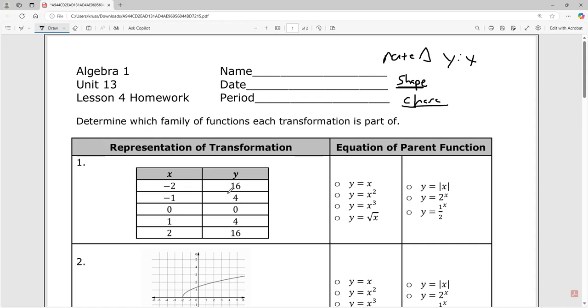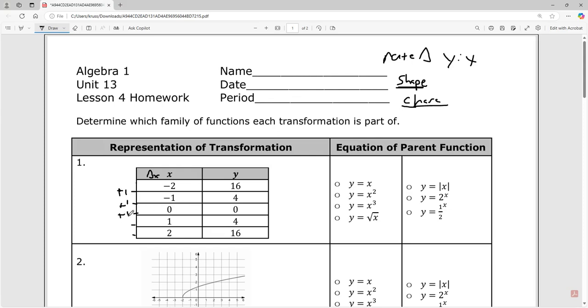All right, so here is a change in x. The change in x for each one of these data points: it goes from -2 to -1, so -1 minus -2 is a +1. From -1 to 0 it's +1.